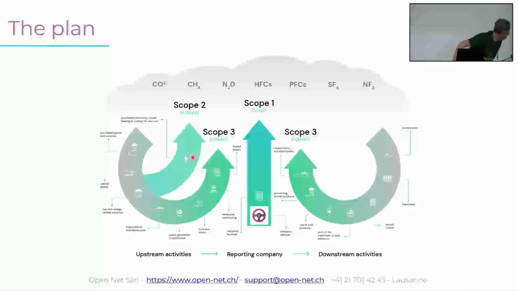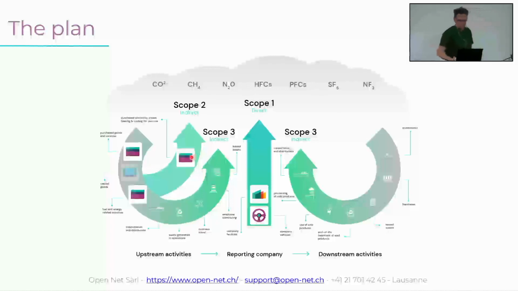Then we have the company facilities where we will be able to integrate all of the bills of materials and understand piece by piece, component by component, what is the carbon footprint of each component, and then sum it up and get the data from there. The purchase application will help us cover all of these topics. Asset management will be useful for all your capital goods. Inventory management for all the transportation and the distribution.